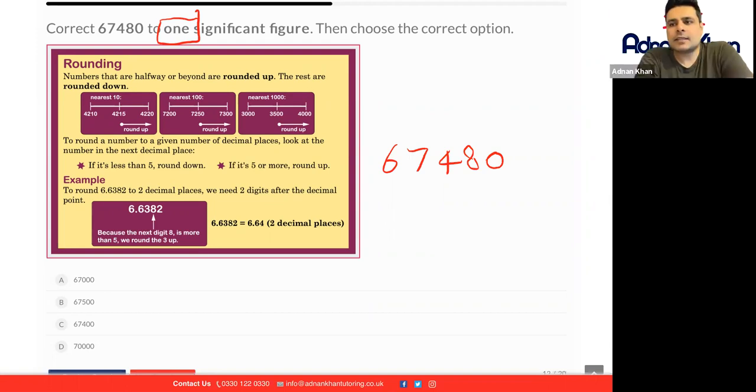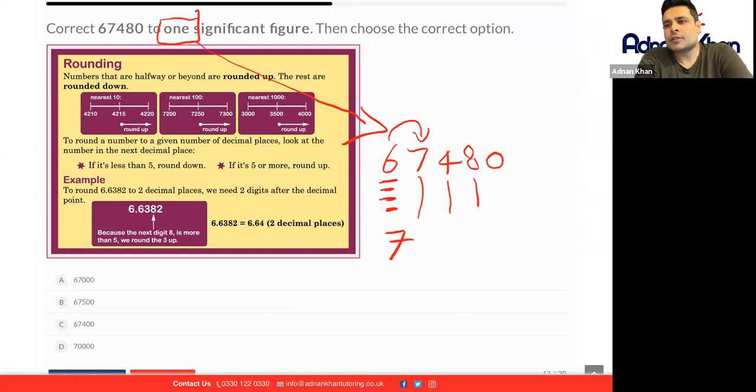So this is what we're going to play with. Now, because there's 1 significant figure, look at the next number. Is it more than halfway? Yeah. So what will our 6 then become? 7. 7. And all we're going to do is, you know the next numbers?